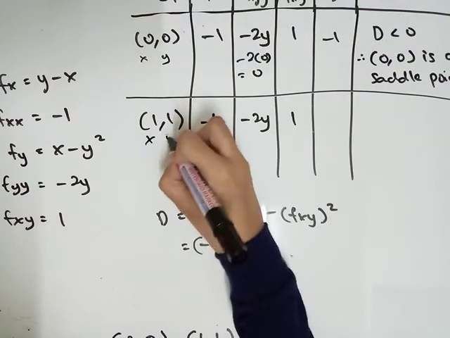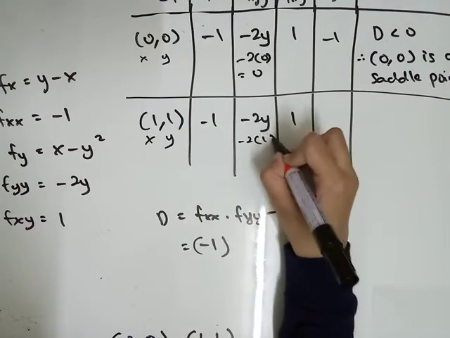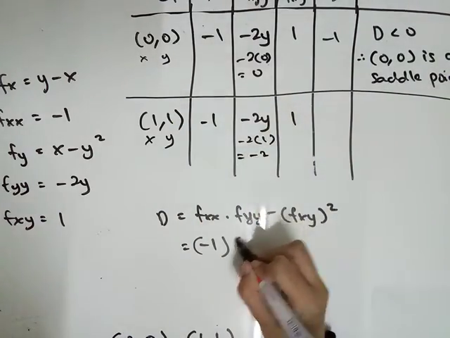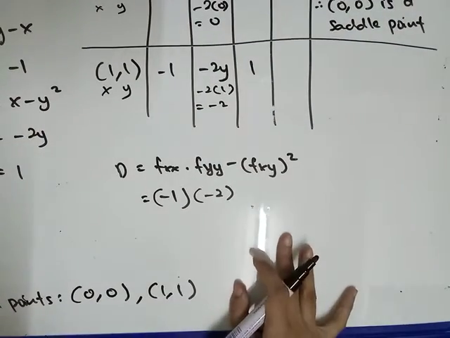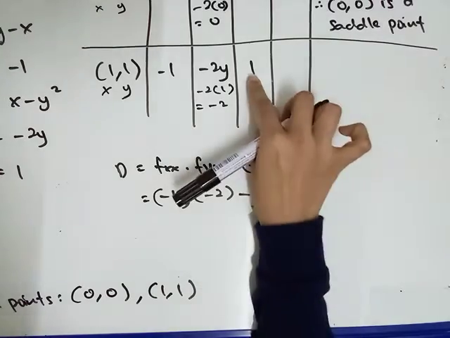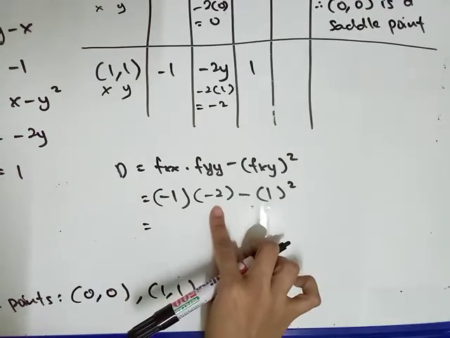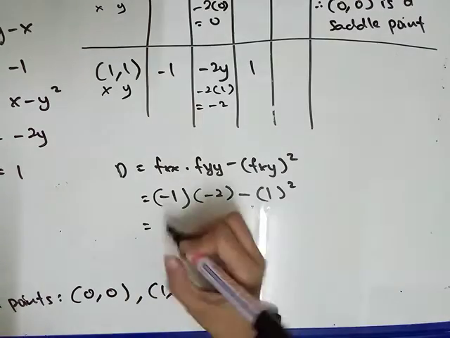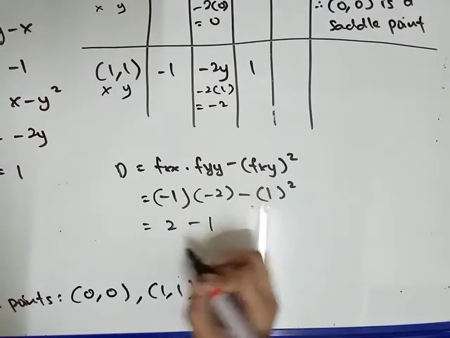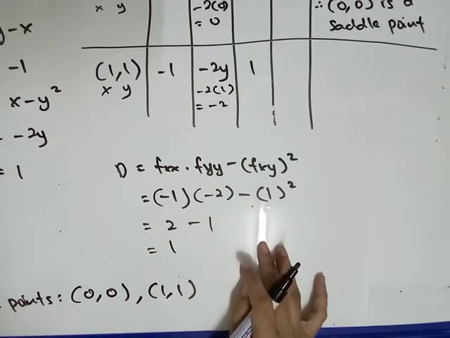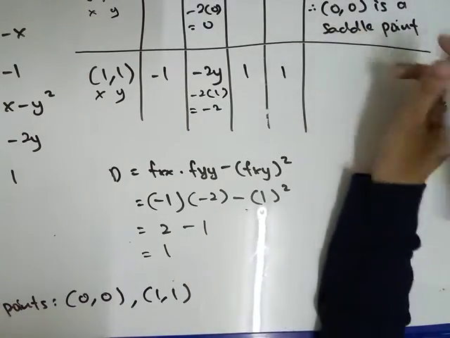Substitute y, which is 1, into this y. So -2 times 1, we get -2. Then minus fxy power 2, which is 1 power 2. So -1 times -2, we get +2. Minus 1 power 2, we get 1. So 2 minus 1, we get 1. So D is 1.